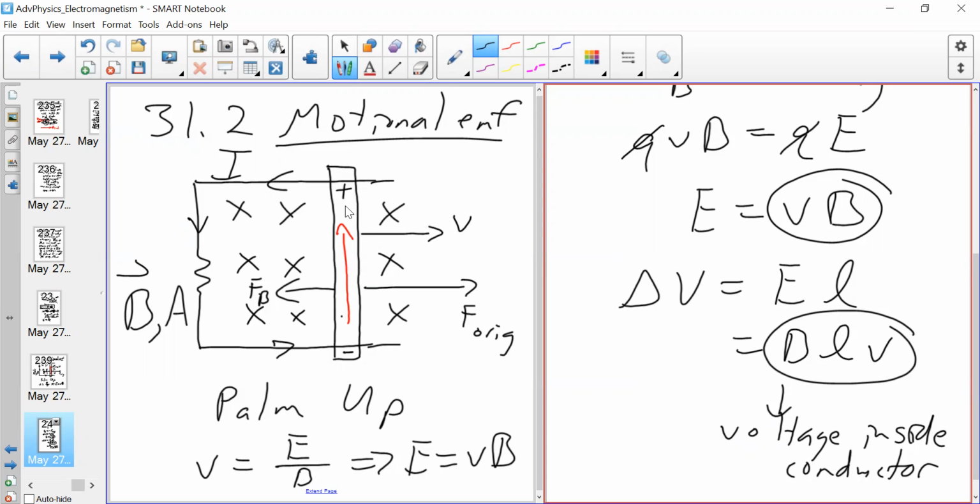So we have voltage going one direction inside the conductor, and as this guy moves through, there's going to be an induced EMF that's opposing the change inside. Again, to maintain the state of zero that it had in the beginning. So I just wanted to talk a little bit more about this magnetic force here that's opposing this original force to keep this guy at a constant speed.